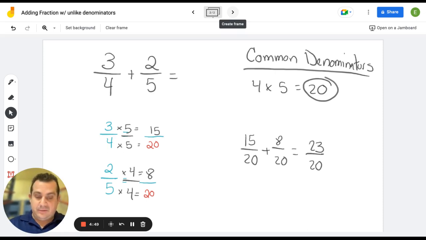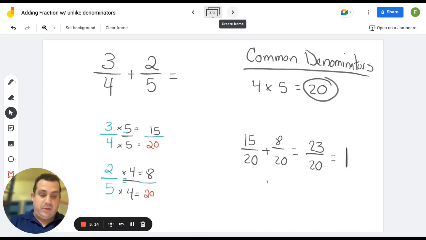So I ask myself, how many times can 20 go into 23 without going over? Well, one time. If I count by 20s, I'm going to get 20, 40, 60. Oh, so it only goes in one time. So 20 goes into 23 one time, which is 20.